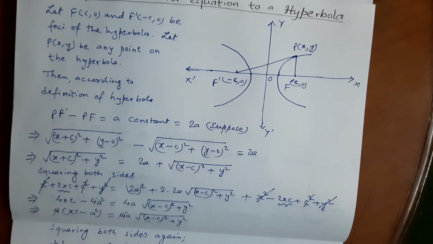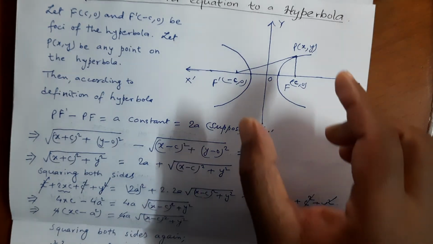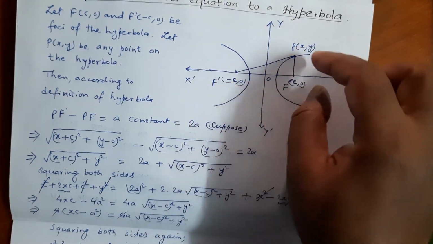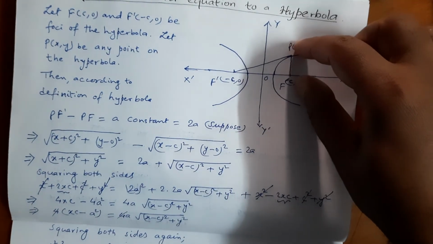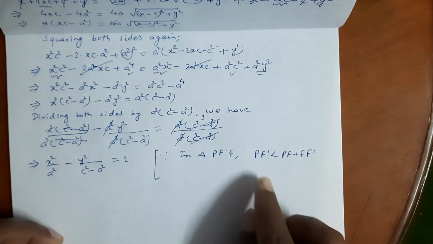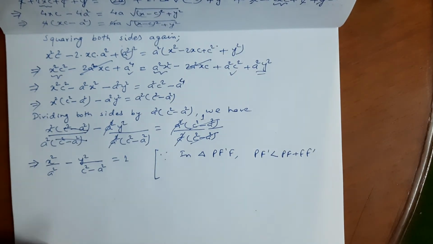Here any side of the triangle is lesser than the sum of other two sides. So PF dash will be smaller than PF plus FF dash. So that thing I wrote here.